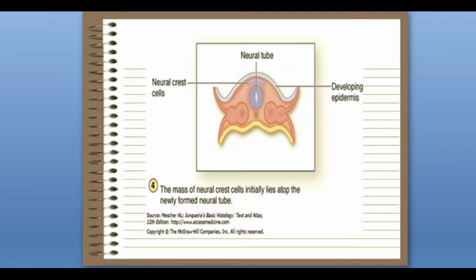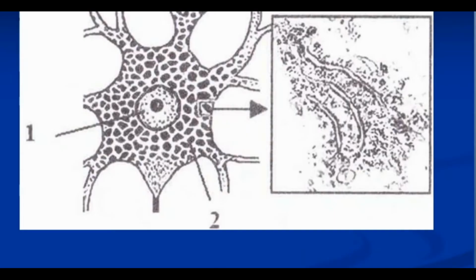Let's go to the main cells of the nervous tissue, which are neurons or nerve cells. The neurons consist of a cell body or perikaryon, containing the nucleus surrounded by cytoplasm, and processes, which are dendrites and axons.